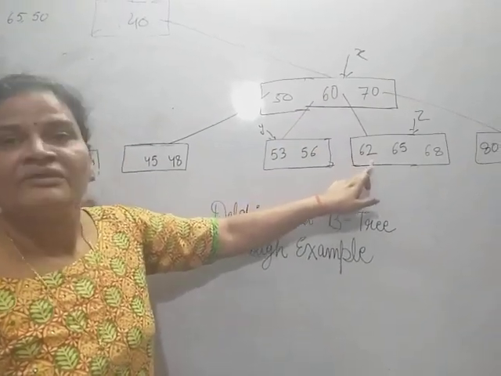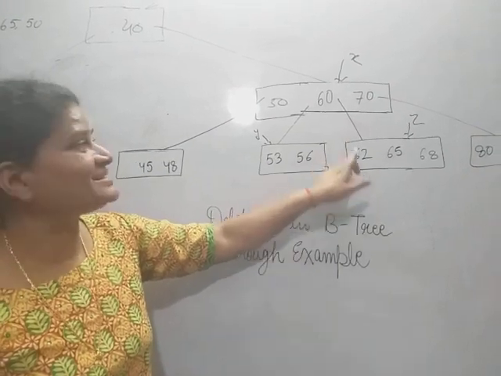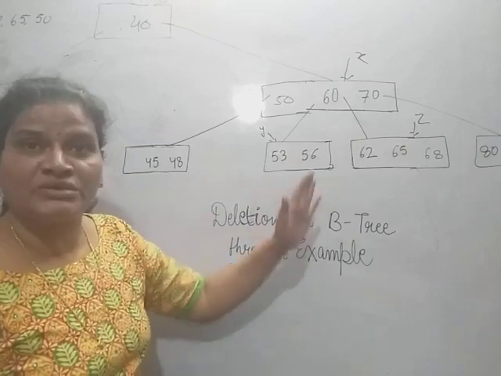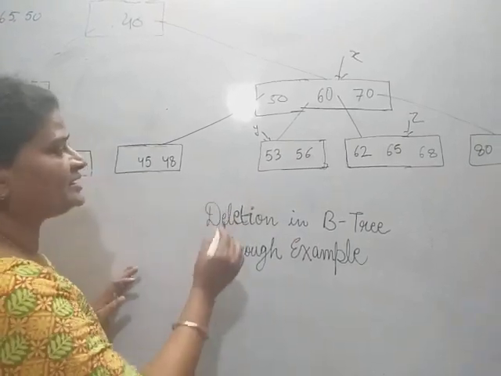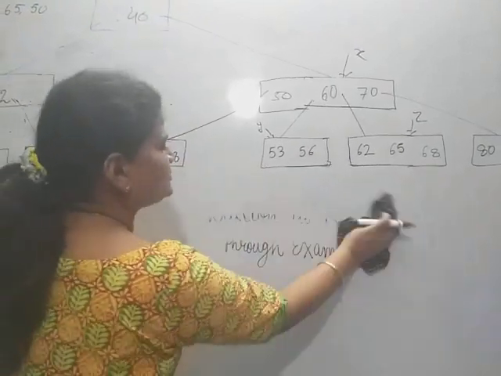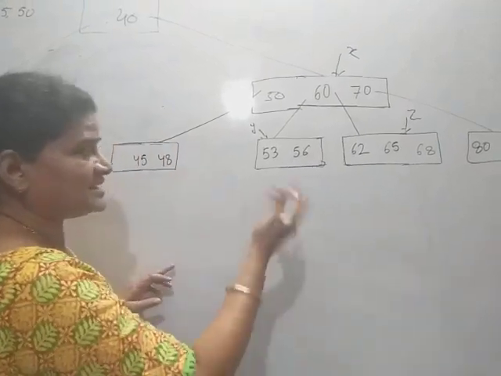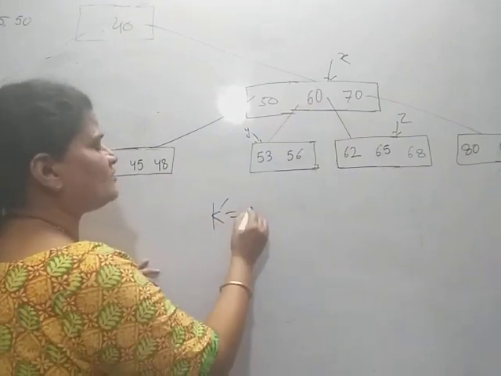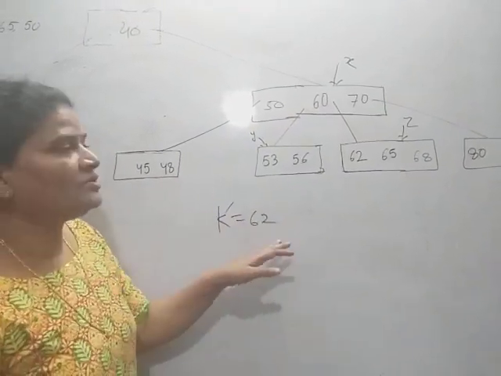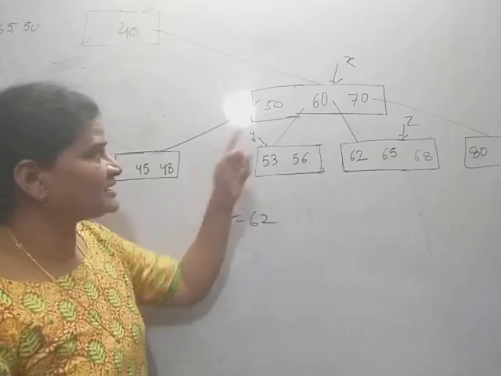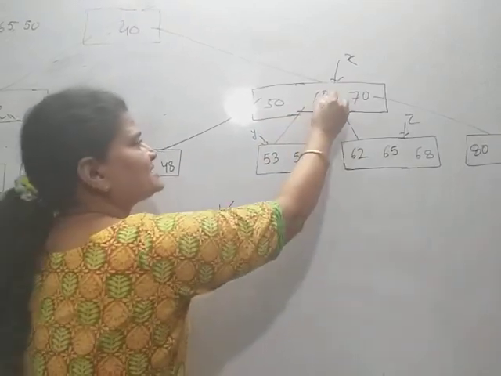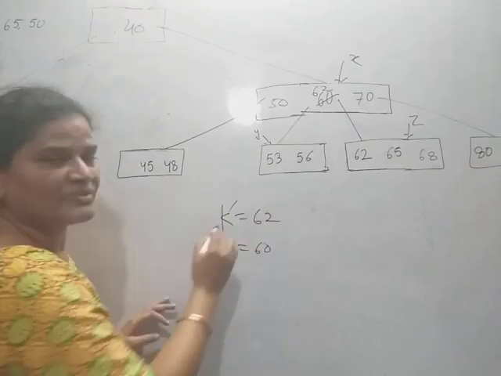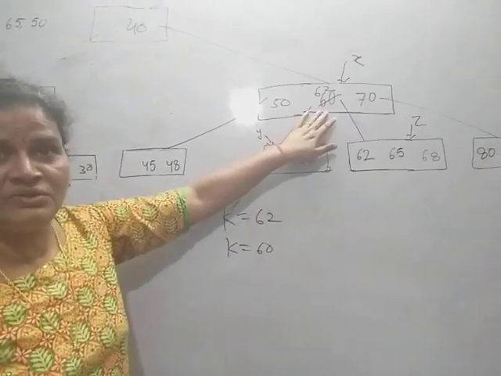So here we find the immediate successor of 60 by moving in the leftmost subtree. With k equal to 60, the immediate successor k dash is 62. Now 60 will be replaced by k dash, 62, because we cannot delete 60 directly.